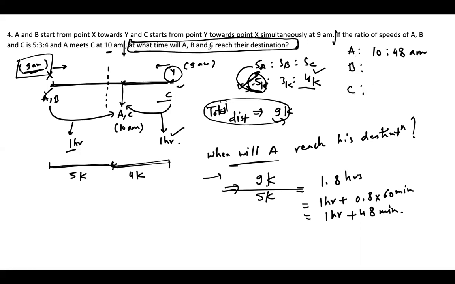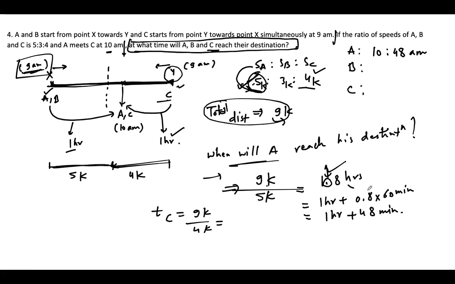Okay, I'm finding it for C. Find it out for C, please. What is the distance traveled from this point till this point, because C's destination is this point, right? Yes, it's 9K divided by 4K, which gives 2.25. You should not calculate in decimal.